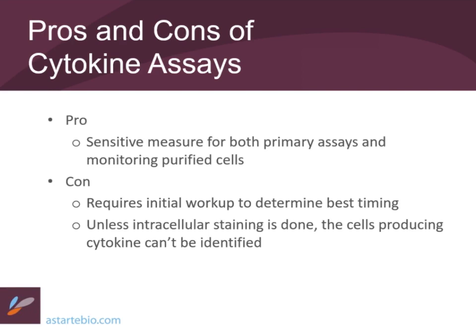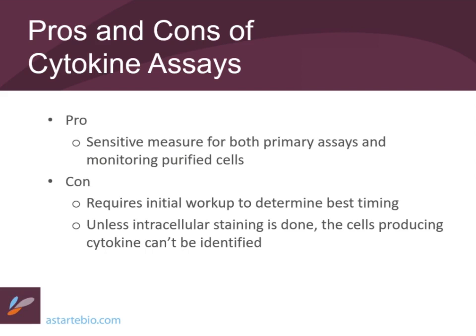So the nice thing about cytokine assays is that they are a sensitive measure both for primary cell assays and purified antigen-specific cultures. There is a need for an initial workup to understand the best timing for when your cytokine might be made, allowing best detection.